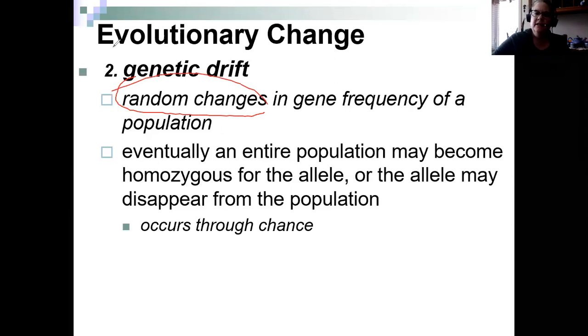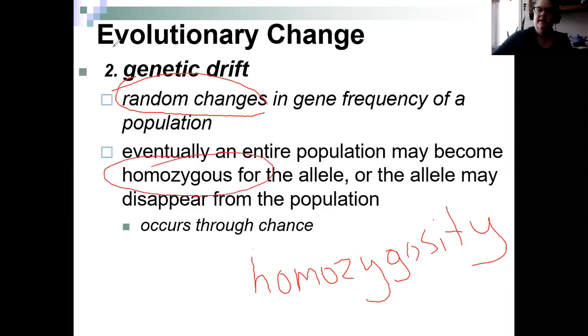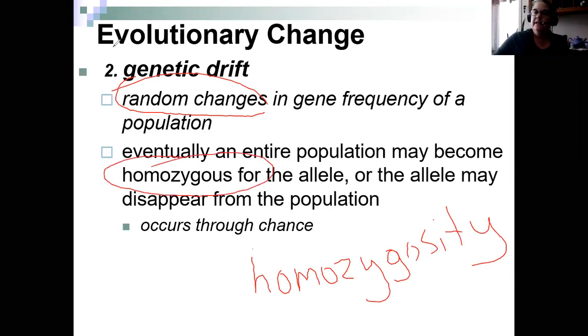If we have these changes, we can have a population that's afflicted with something that's referred to as homozygosity. Okay, and what that means is the population could become completely homozygous for one allele and the other allele could be gone. So instead of having a big A and a little a, we just have little a's.